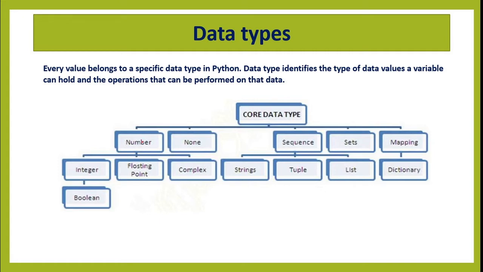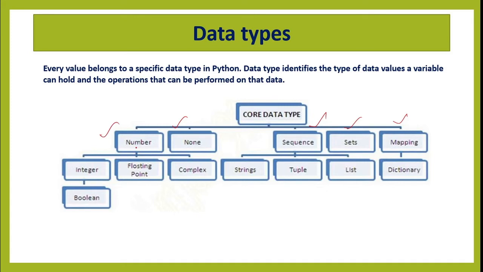The next one is data types. Every value belongs to a specific data type in Python. These are the core data types. There are 5 core data types available in Python. First one number, then none, then sequence, then set and mapping.